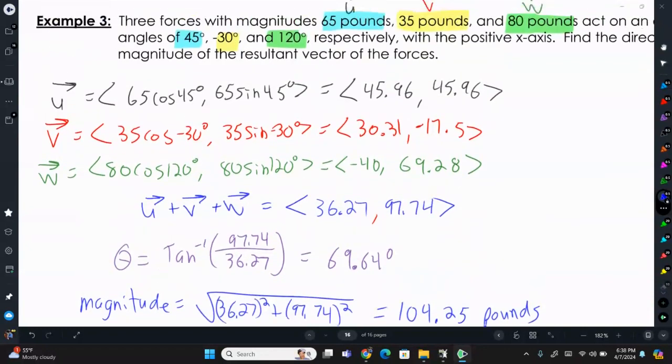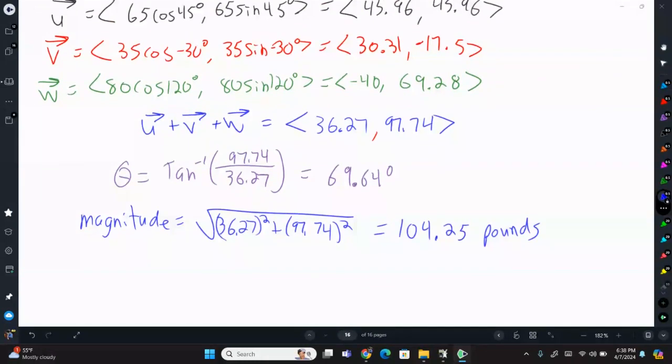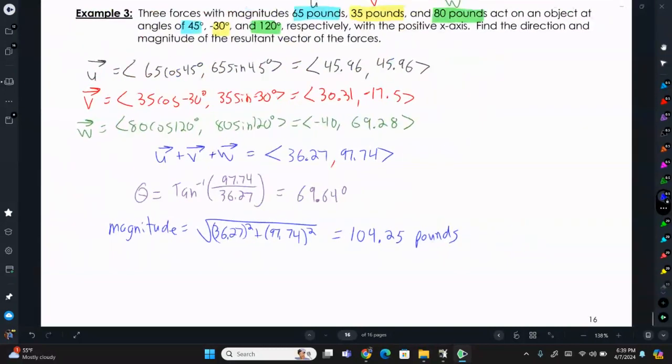So with these three forces acting on this object, the resultant, what is actually happening to this object is that it has a force of 104.25 pounds being pushed at 69.64 degrees.